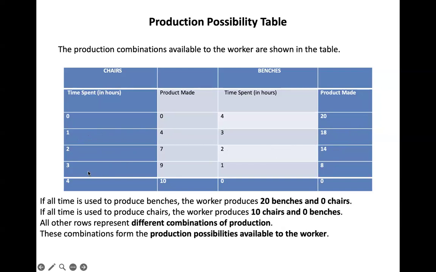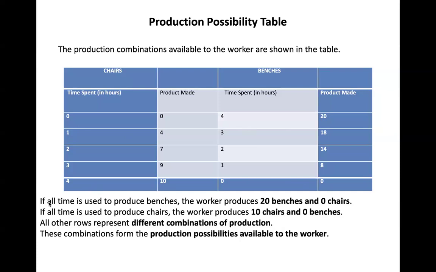If he spent 3 hours producing 9 chairs, he can only produce 8 benches. If he spent all the 4 hours to produce 10 chairs, he can only produce what? 0 benches. And if he spent all the 4 hours to produce benches, he can produce 20 benches and 0 what? Chairs. So this production possibility what?